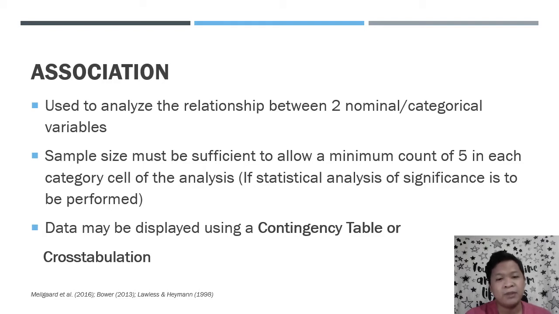In terms of sample size, a minimum count of 5 for each category cell is needed for analysis to be possible. So take note that this is not the minimum number of, say, panelists, but rather responses under each category. And you can use either cross-tabulation or contingency tables to report your data.